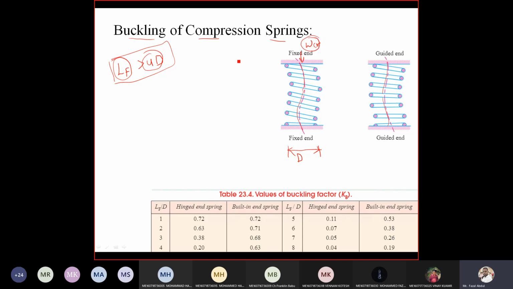The critical load equals K into KB into LF, where K is the spring rate, load per deflection, KB is the buckling load factor, which is a function of the ratio of free length to mean diameter, and LF is the free length of the spring.